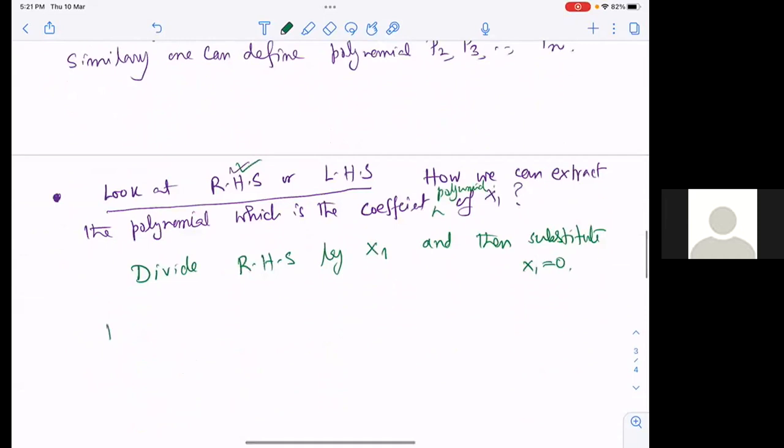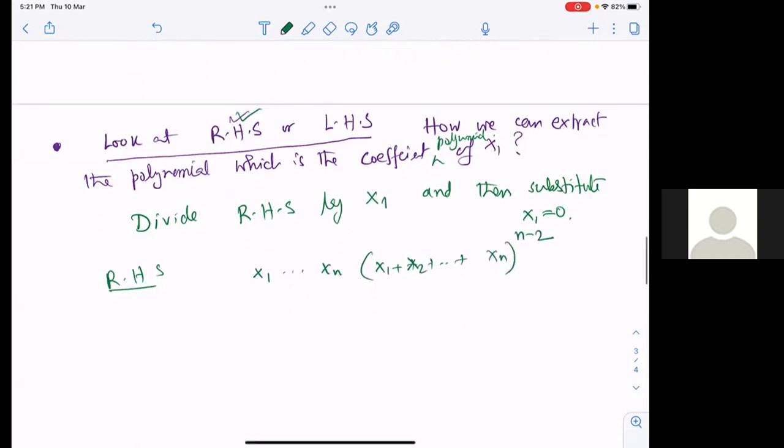So now look at RHS. This process, of course, has nothing to do with RHS or LHS. It is true for both, right? So if you look at x1 to xn times (x1 plus x2 plus ... plus xn) to the power n minus 2, and you divide by x1 and then substitute x1 equal to 0, what is your P1?